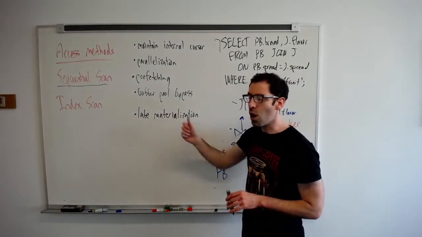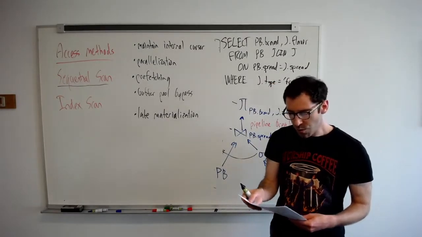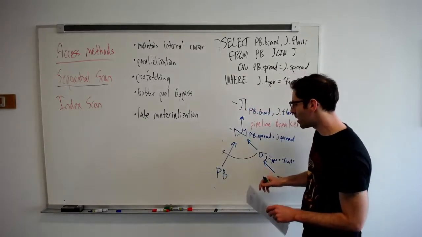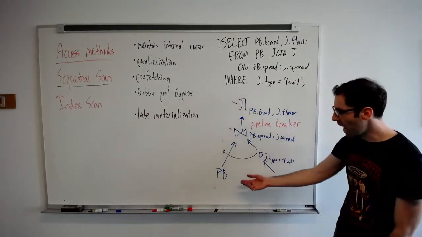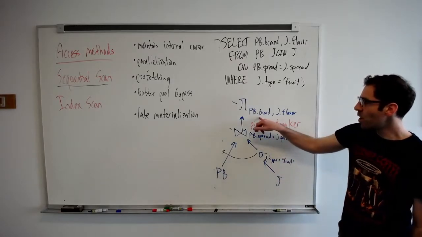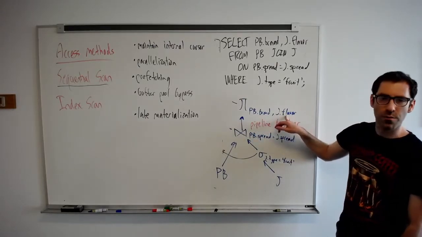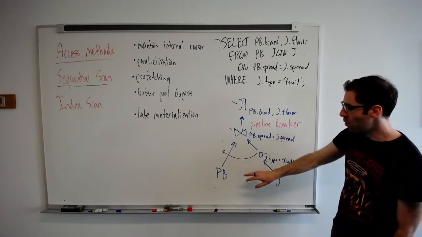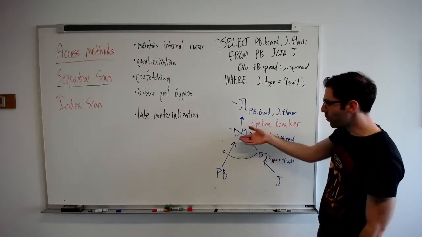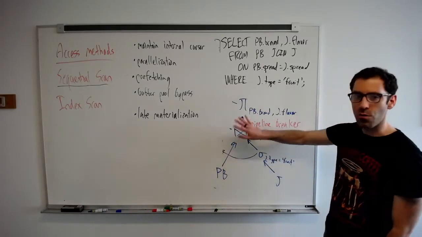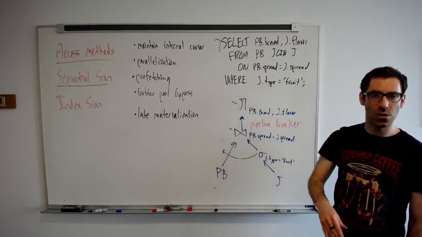And in particular, in a column store database, late materialization is going to be useful because in our peanut butter and jelly tables here, they may have many attributes in each of them, and what we need at the end of our query is just two: the brand of the peanut butter and the flavor of the jelly. And so doing this late materialization, where as we're handing off output up the query plan, we just hand out, oh, here are the record IDs of the tuples that we'll eventually want, or here are the offsets in the data files where you can find the attributes for these different tuples.